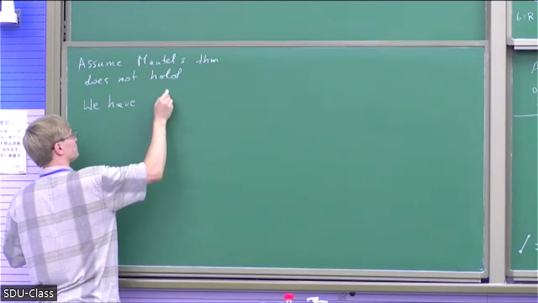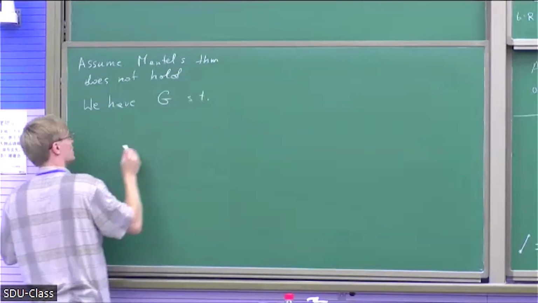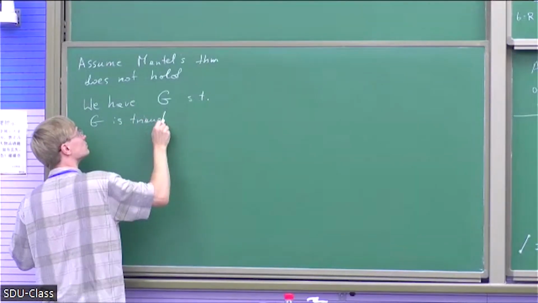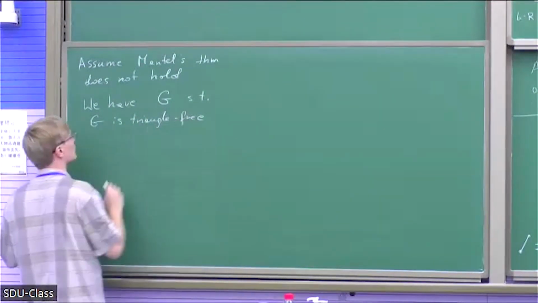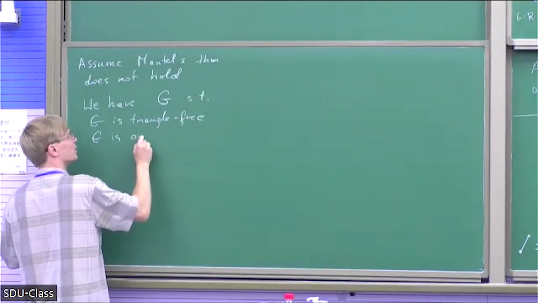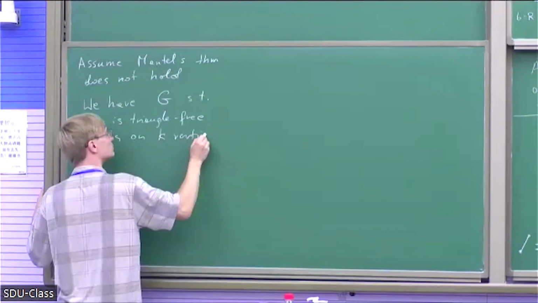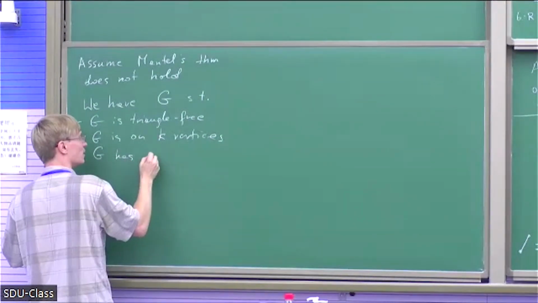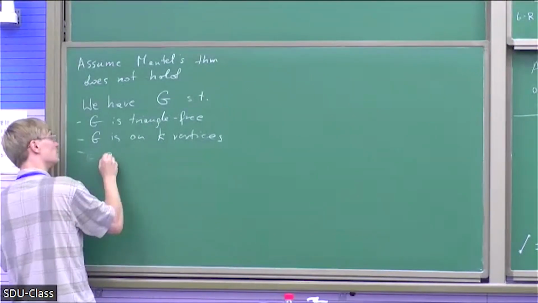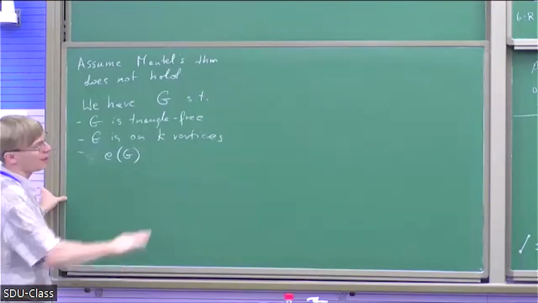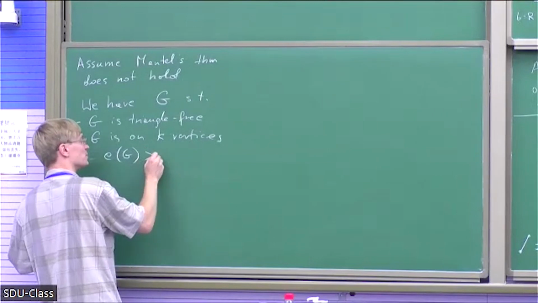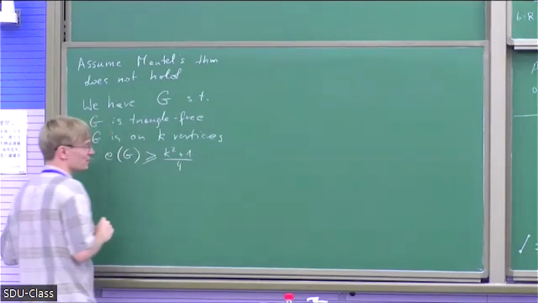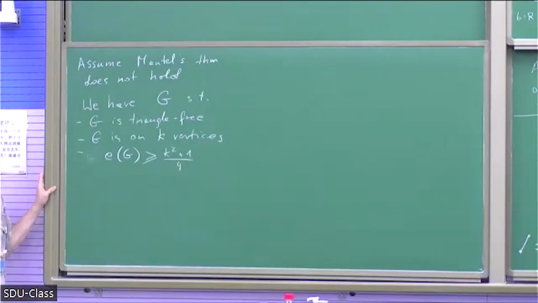We have G such that G is triangle free. Let's say that G has k vertices and G has a number of edges which is above the threshold. So it's at least (k squared plus 1)/4. Okay, a bit above.